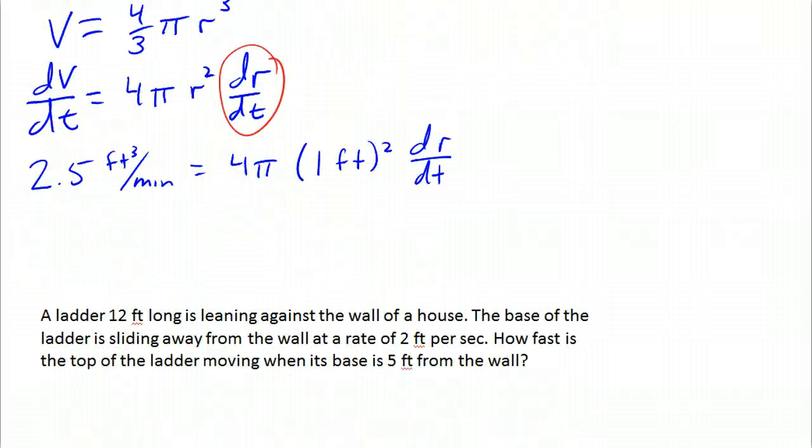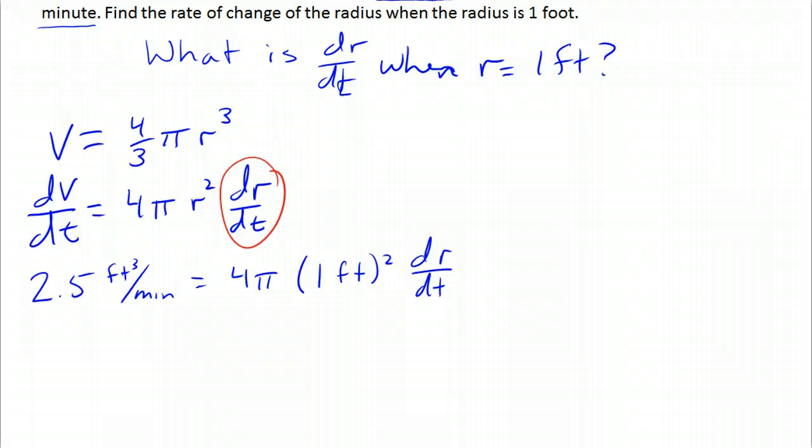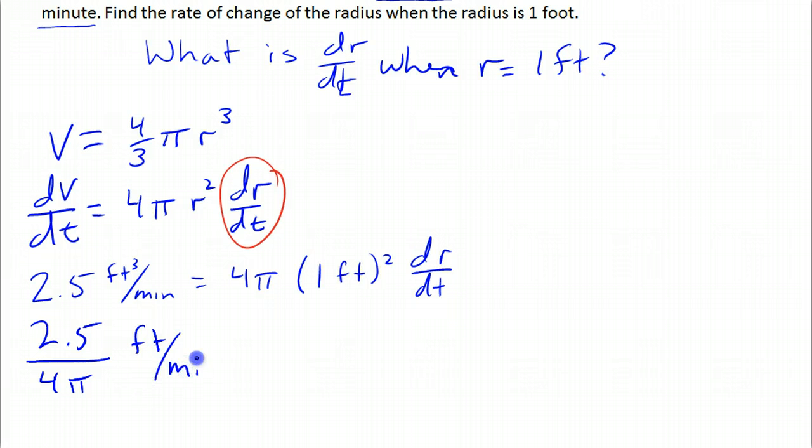Now take a look at our units. I'm going to be dividing feet cubed per minute by feet squared, which will give me feet per minute, which makes sense for the rate of change of a radius. So let's finish this up. I've got 2.5 divided by 4 pi, and our units are going to be feet per minute.